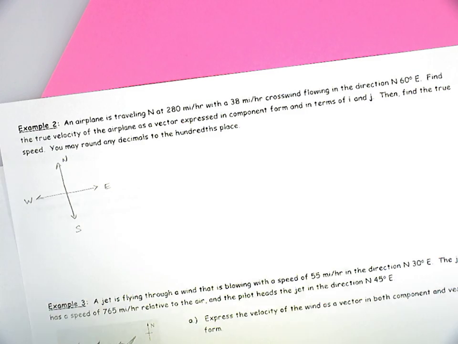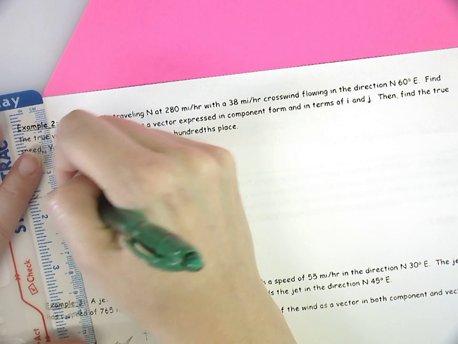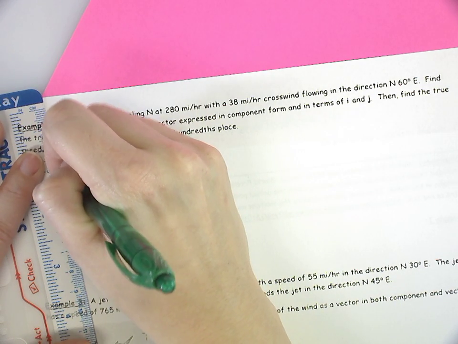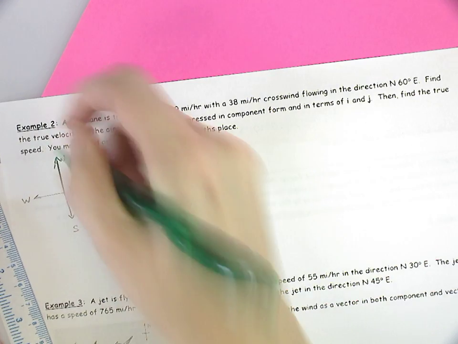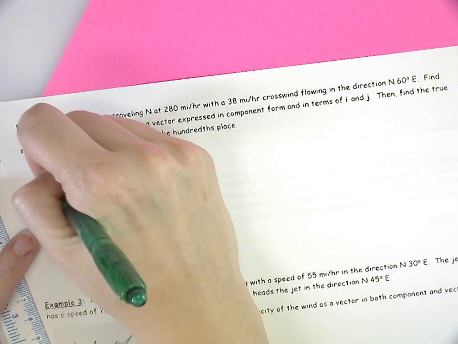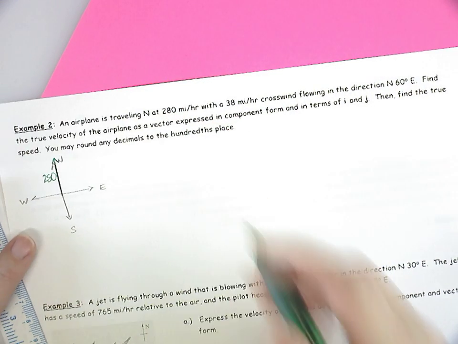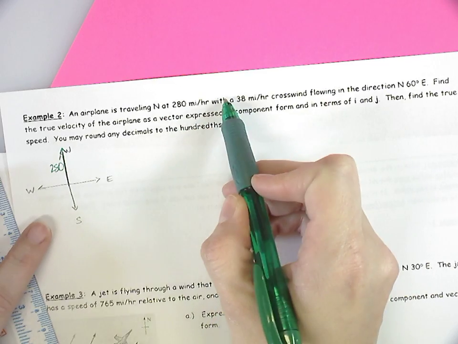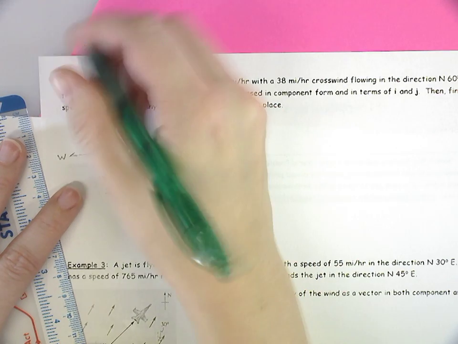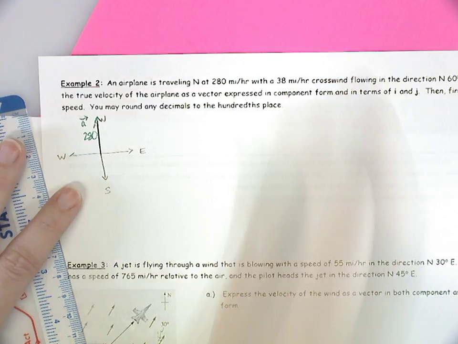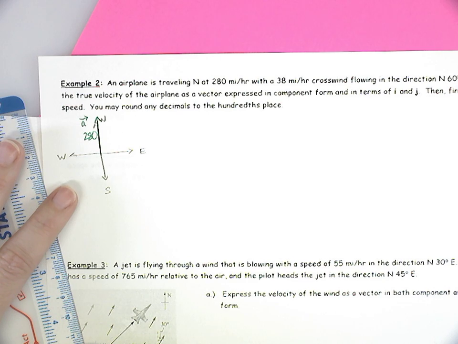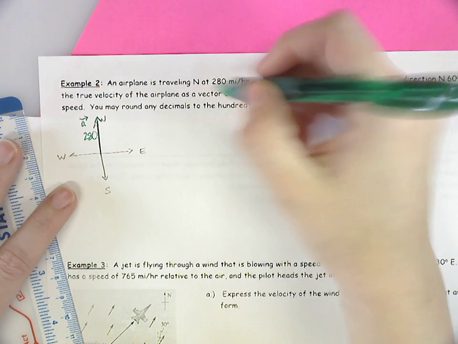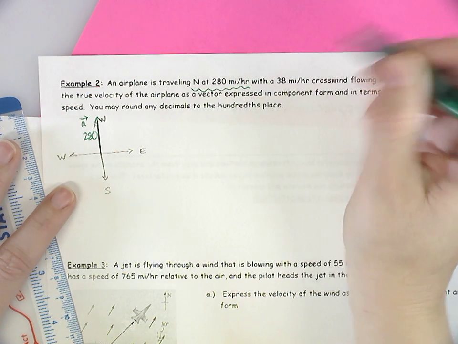So here's my airplane, and I'm going to label it with its speed of 280 miles per hour, and with my little A vector.